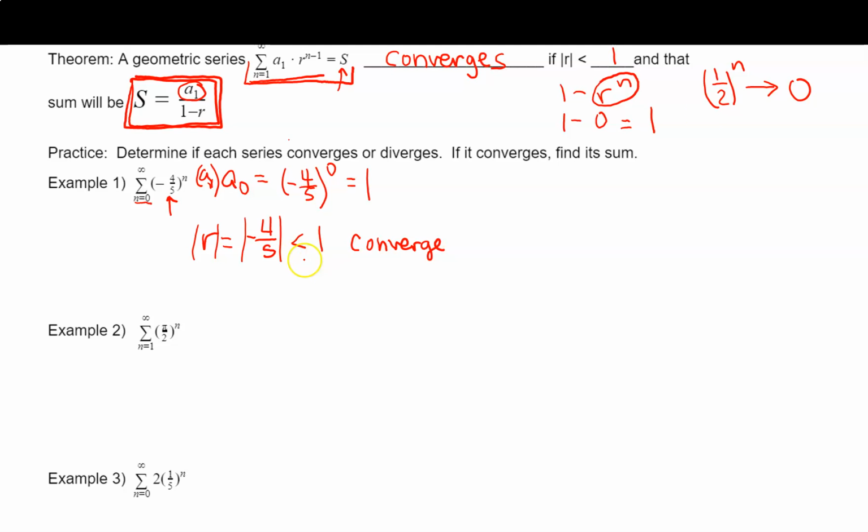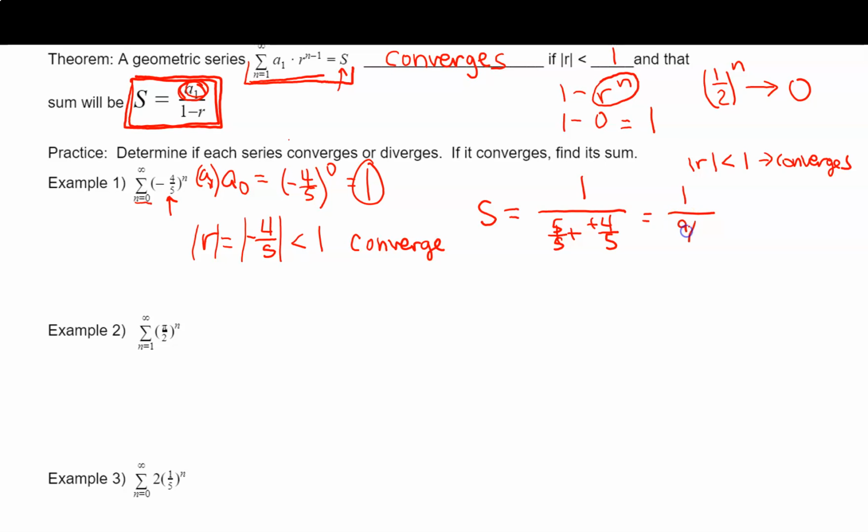Since it's less than 1, remember we said if the absolute value of r is less than 1, it converges. Otherwise, it diverges. So we can find a sum. Our sum is going to be our first term, which we found to be just 1. So 1 over 1 minus negative 4/5. Add the opposite here, we get 1 over, let's see, we'll call this 5/5.